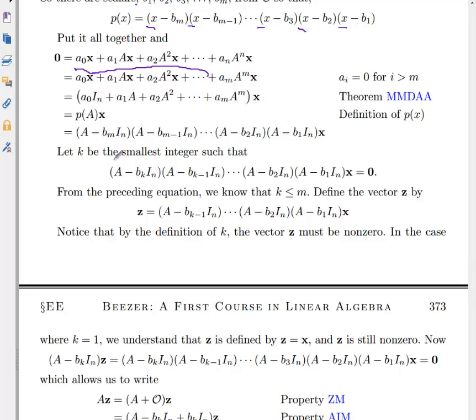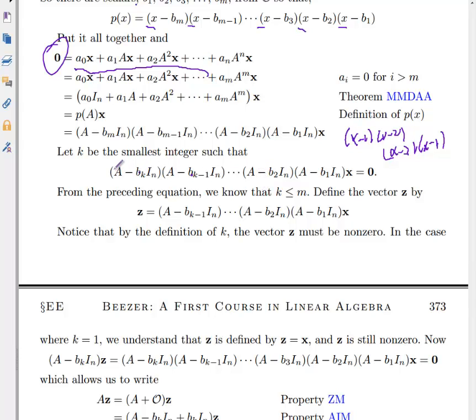We can factor this matrix polynomial, and what we end up with is that the 0 vector is equal to a product of matrix factors applied to a vector x. Now, just notice that we could rearrange these factors arbitrarily. It really doesn't matter. I can write (x minus 1) times (x minus 2), or I could write (x minus 2) times (x minus 1). We could do the same thing here. We could rearrange these arbitrarily.